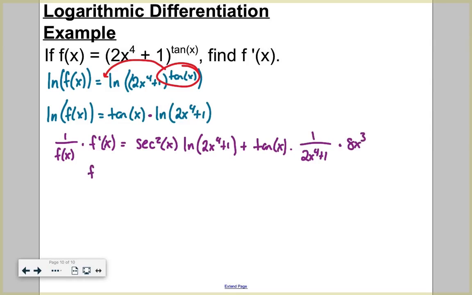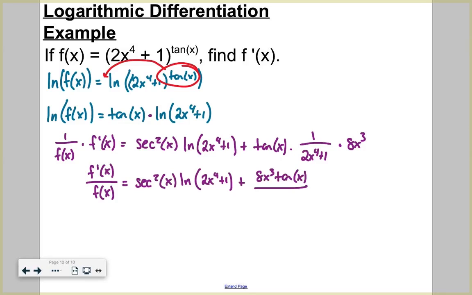And now we can simplify. F prime of x all over f of x is going to equal secant squared of x natural log of 2x to the fourth plus 1 plus 8x cubed tangent of x all over 2x to the fourth plus 1.